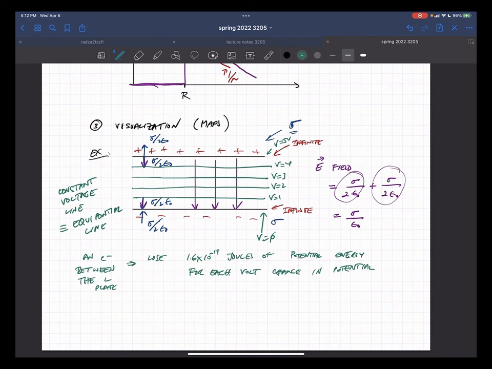So, we said, when you're moving a Coulomb through a volt, you basically get 1 joule of energy. That's a good definition. So you talk about joules when you're talking about coulombs of charge.